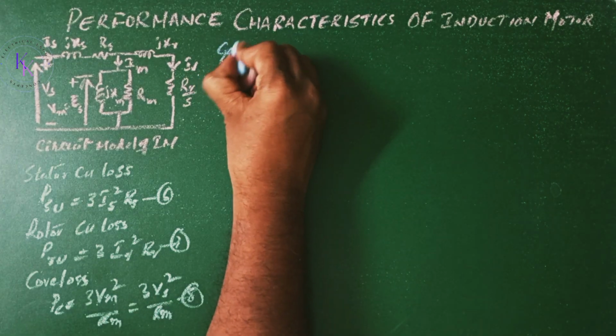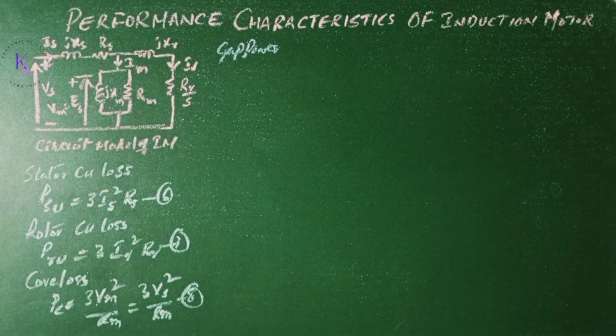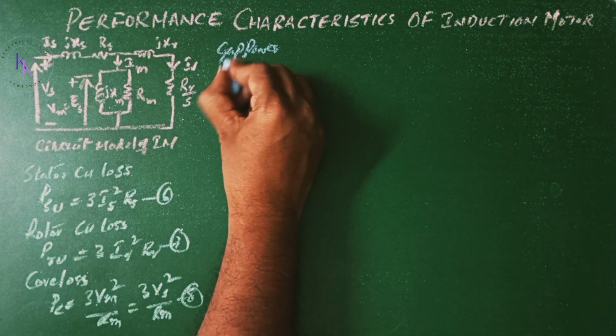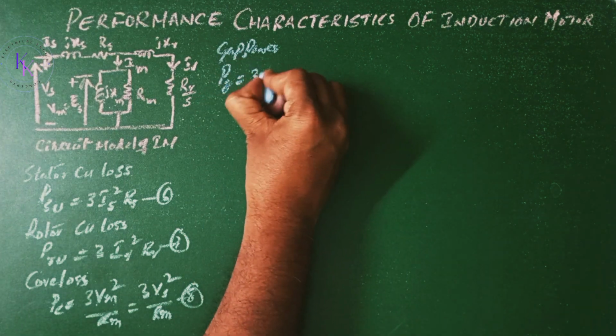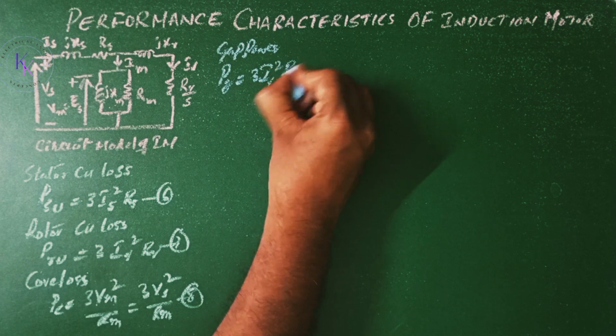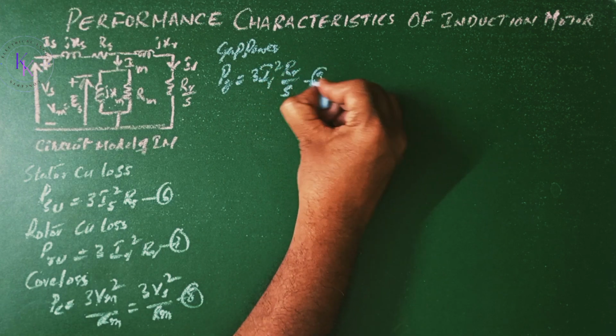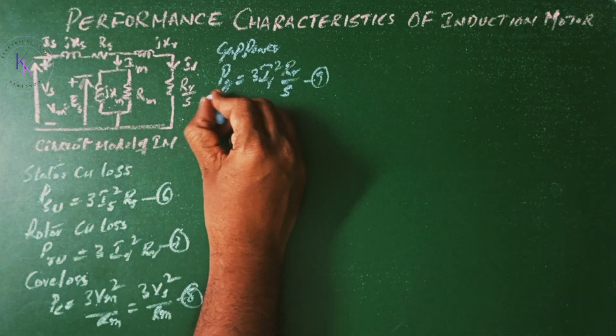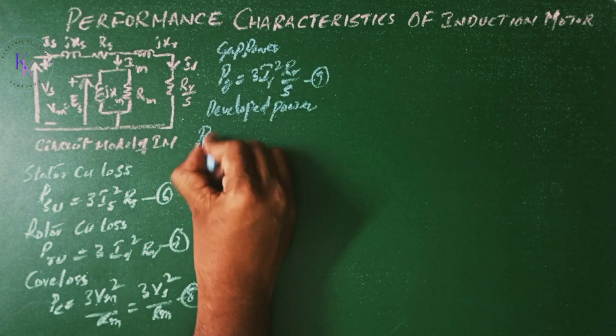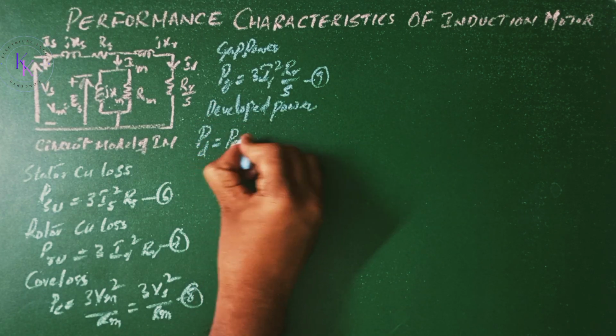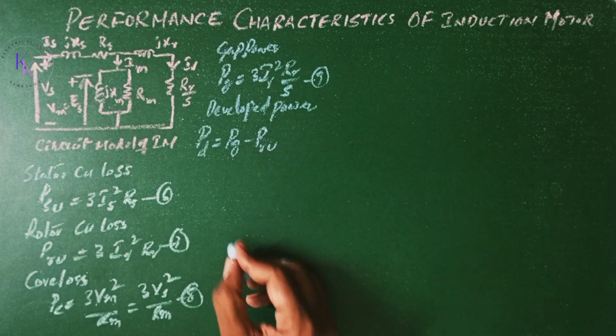Gap power passing from the stator to the rotor through the air gap is given by PG equals 3 IR square RR by S, let it be 9. Now, developed power is given by PD equals PG minus PRU.